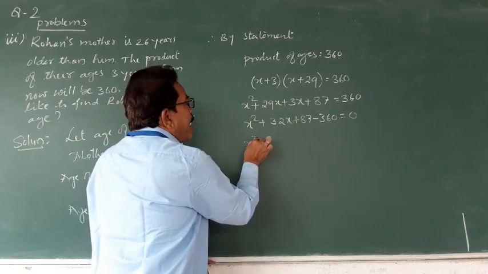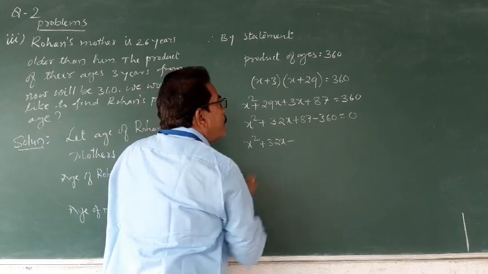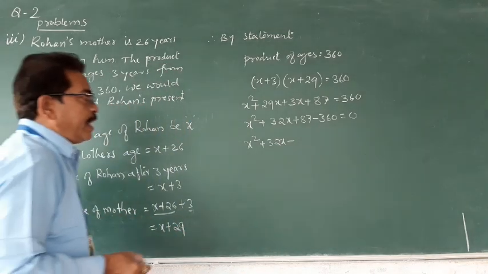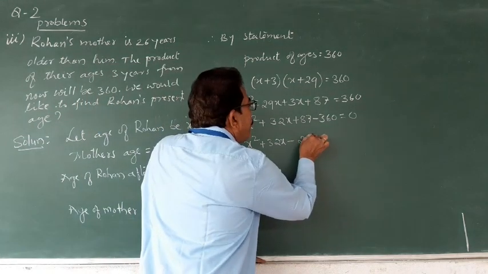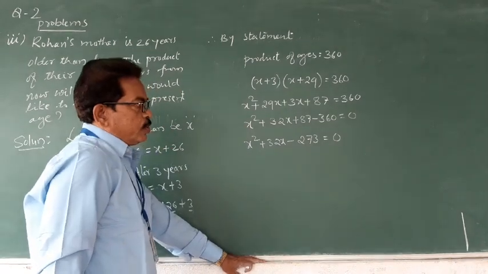Okay, now x square plus 32x minus 273 equals 0.